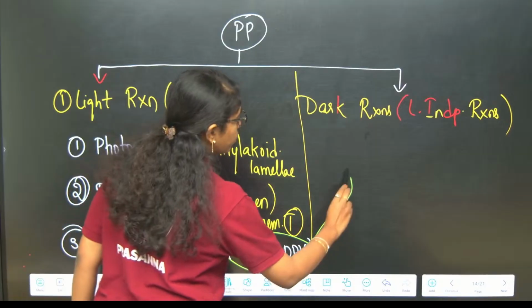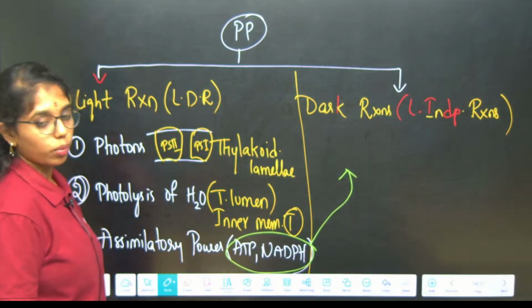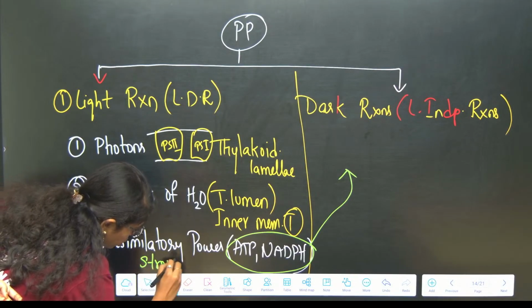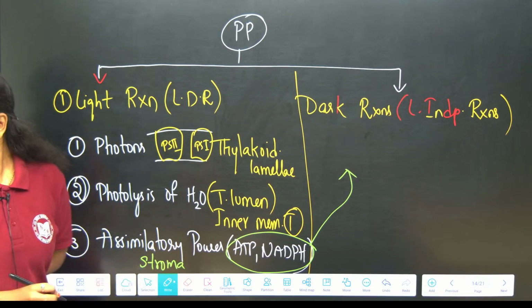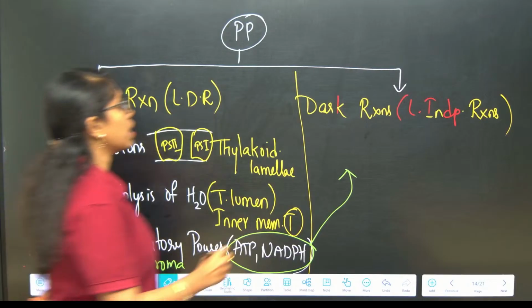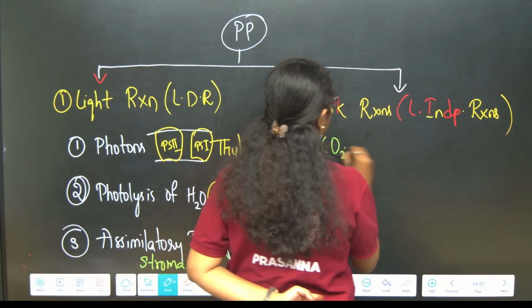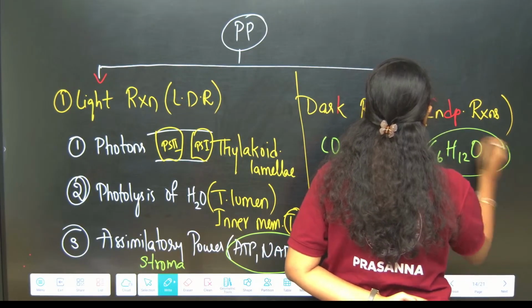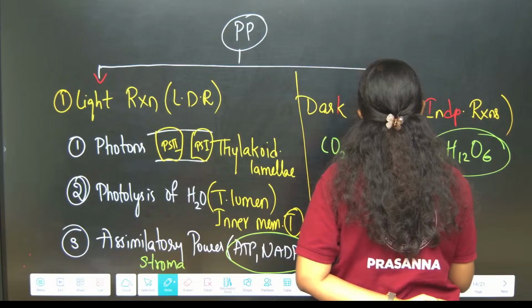Carbon dioxide to glucose in chloroplast stroma. Formation of assimilatory power takes place in chloroplast stroma only. And this ATP and NADPH are utilized to fix carbon dioxide or for the formation of glucose. This happens again in the chloroplast stroma.